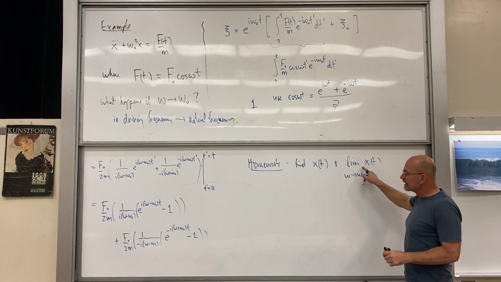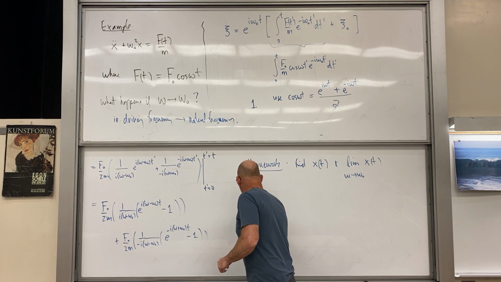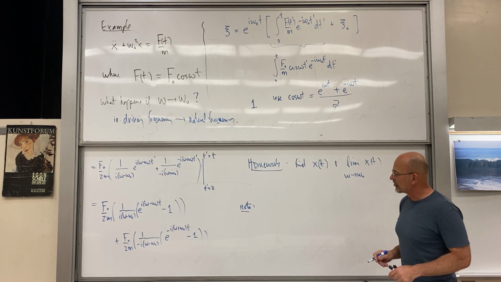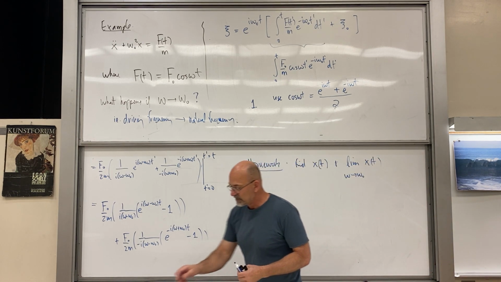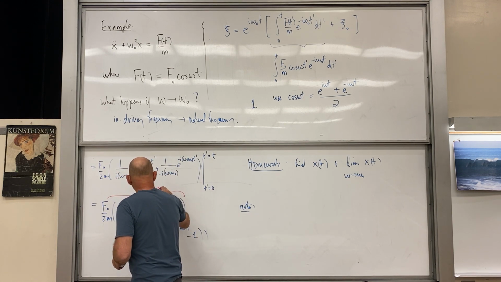Now, as far as the limit goes, let me make a note here. There are different ways to take it. Some are easier, some are more difficult. I'm just going to demonstrate something about this part right here.